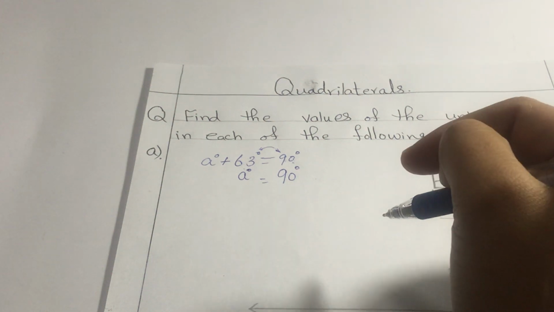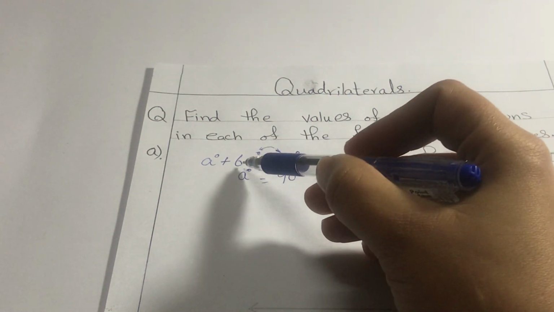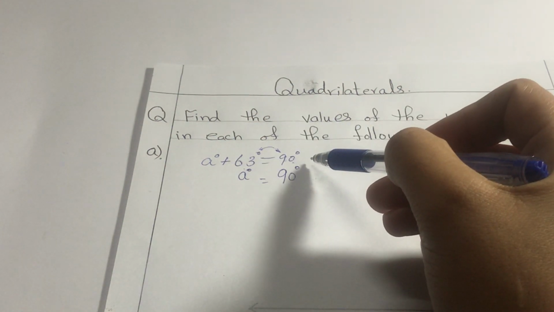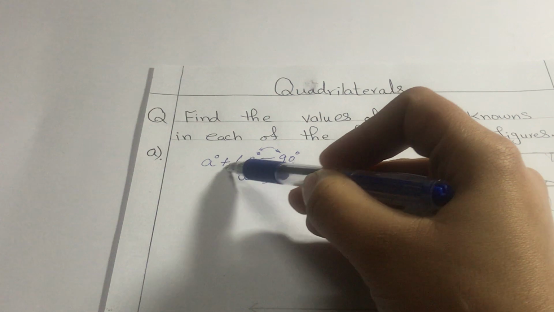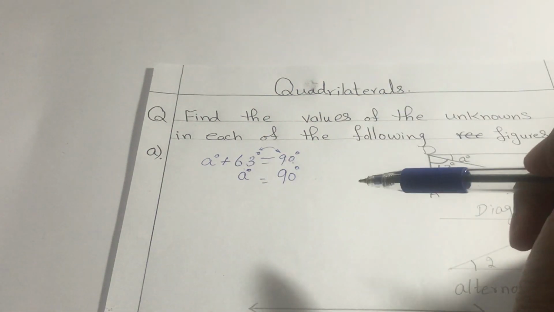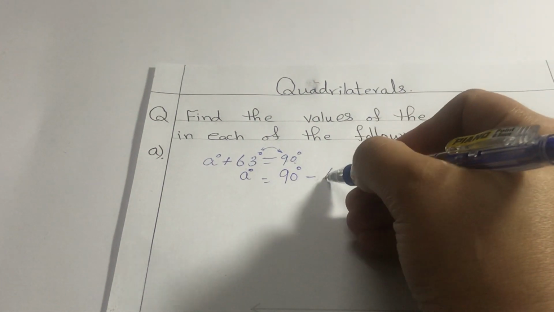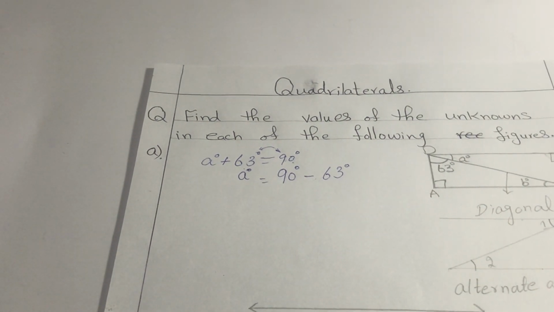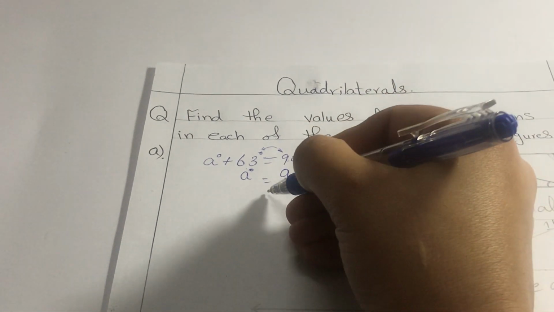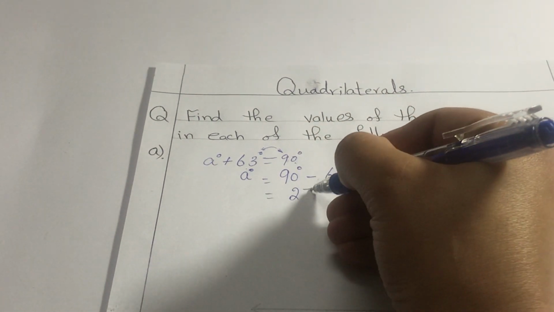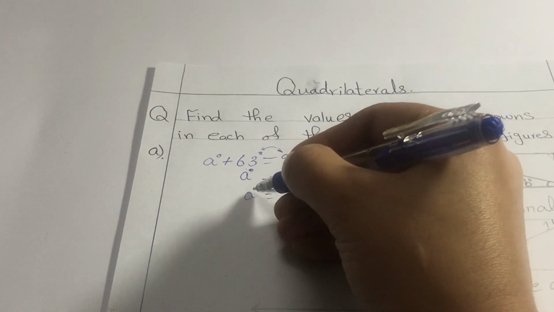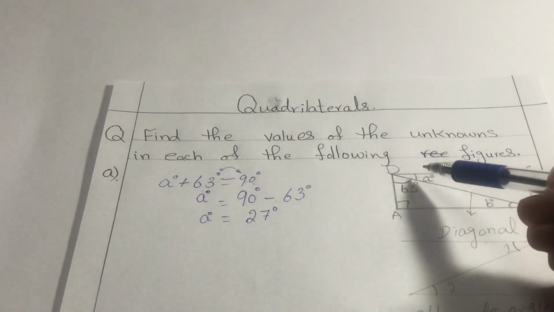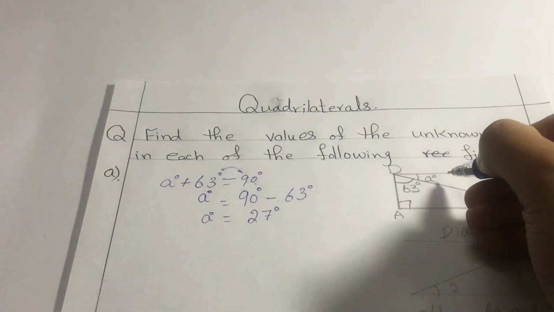As I have told you in your previous video, when you shift a term from the left side of an equation to the right side, you need to change its sign. 63 is positive here, and when you shift it to the other side, it would be negative, right? So 90 minus 63 would be 27 degrees, right? That means this part is equal to 27 degrees.